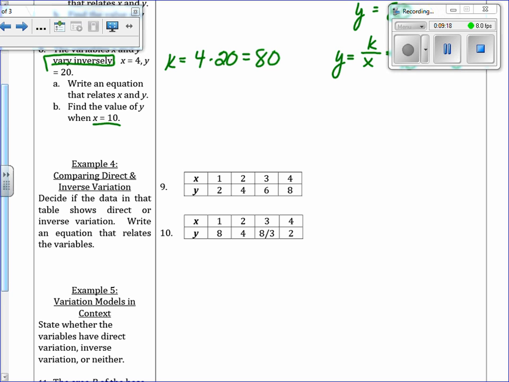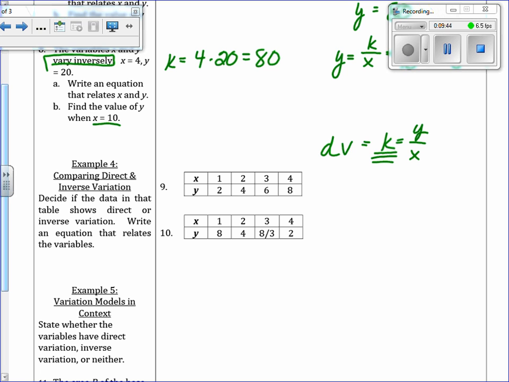So let me go ahead and test this one for direct variation. The formula we're going to use is constant equals y divided by x. And if we look at it, every y we divide by x, we should end up with the exact same k.